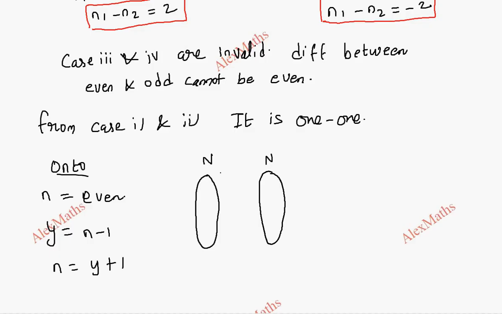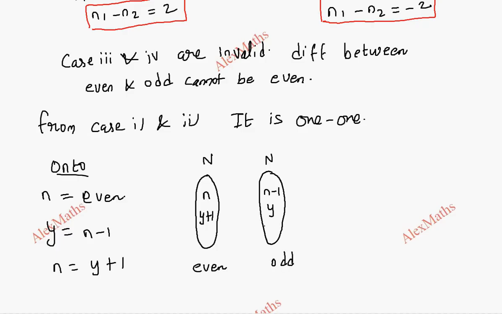We take the even case, we take n and that becomes n minus 1. When I take this as y, this becomes y plus 1, and n minus 1 becomes odd.